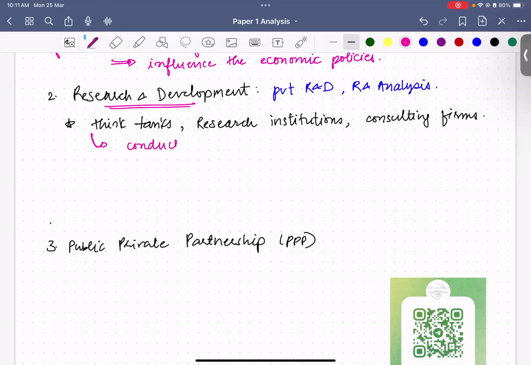Okay. The third way to influence would be the PPP, public-private partnership. What is the significance of PPP? You get the best of both worlds.